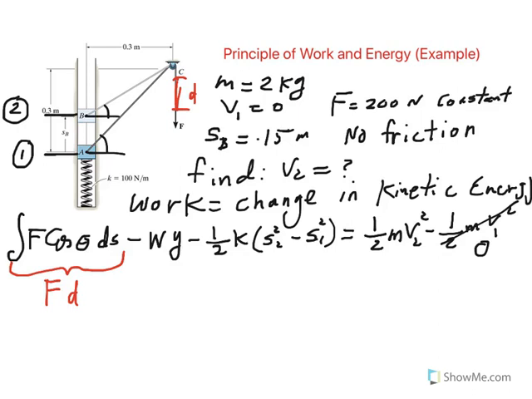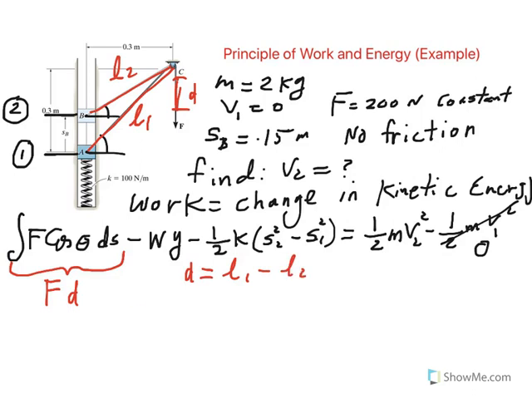And the way we find that distance is very easy, and again, you can refer to that video. If you figure out the length of the cord initially, L1, and then find the length of the cord, L2, at position 2, D actually happens to be L1 minus L2.